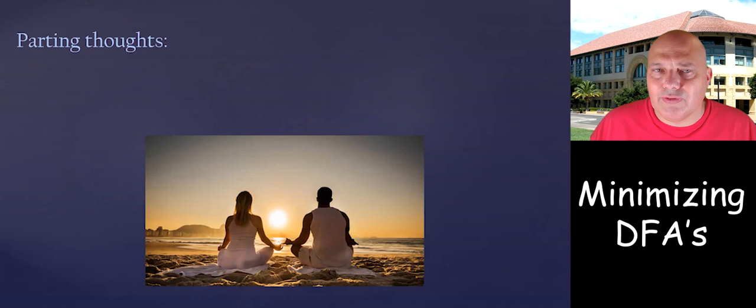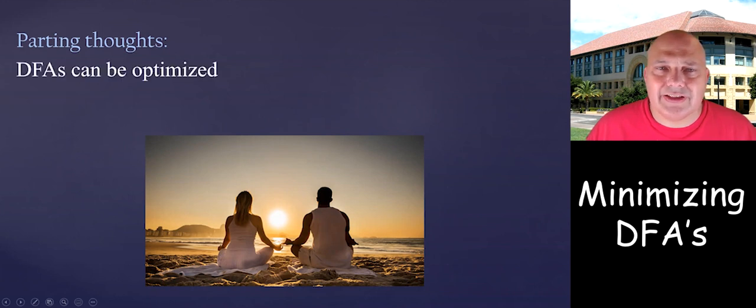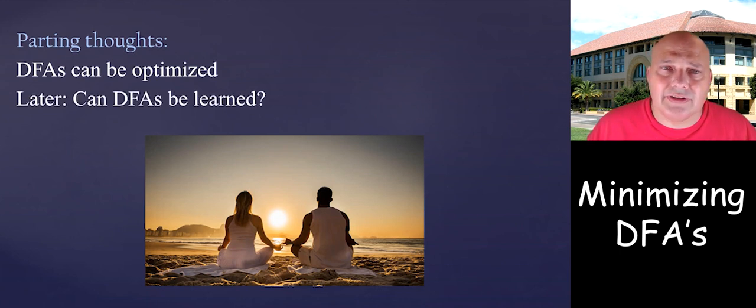So before we conclude, let's meditate on what we've seen. What we've seen is that DFAs can be optimized in a very, very strong and powerful way. And what we're going to do in two videos is ask, can DFAs be learned?